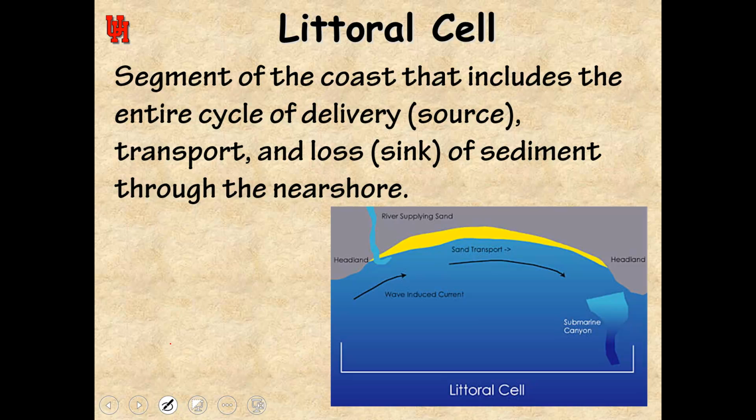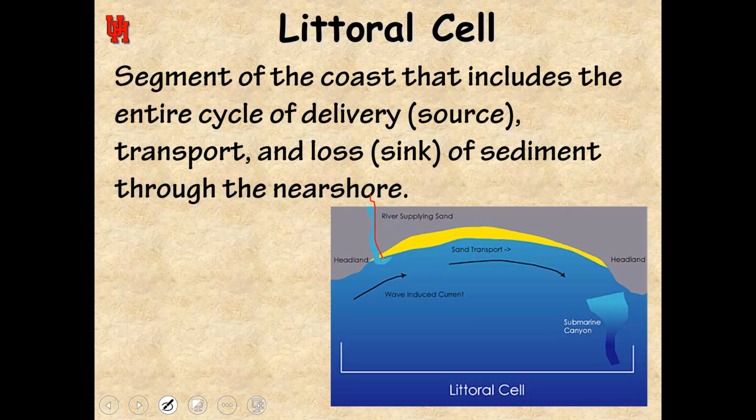The geographic distribution of the sources and sinks in the coastal zone is best defined by a concept referred to as littoral cells. And a littoral cell is essentially the coastal equivalent of a drainage basin that defines areas of interest with respect to sediment being supplied, transported, and deposited.